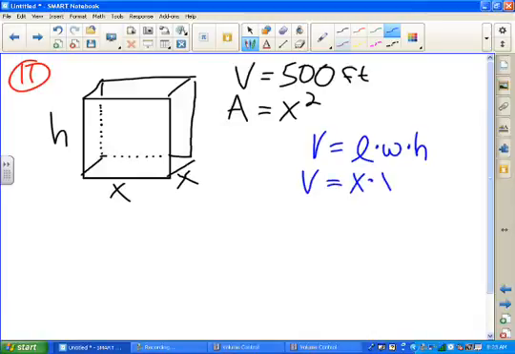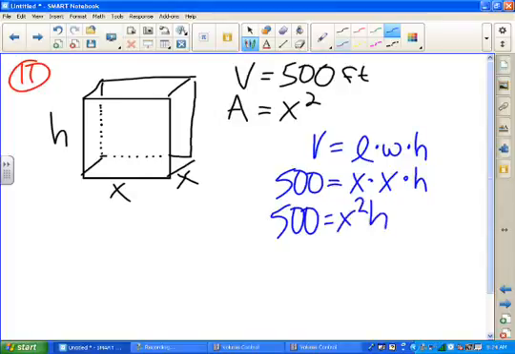So the first thing I do is write down the general form for volume, which is L times W times height. Well, as you can see, L and W will be x because the area of the base is x squared. So I just need to write h as a function of x. So one way to do that is to plug in x for L and plug in x for W, and then given the fact that the volume has to equal 500, I get 500 is equal to x squared times h.